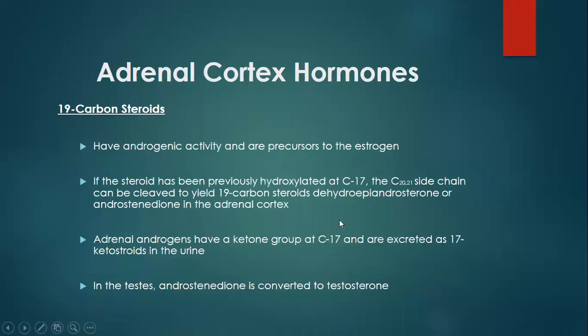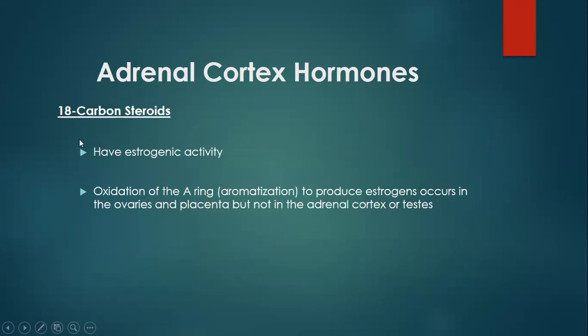Now, the adrenal androgens have a ketone group at C17 and are excreted as 17-ketosteroids in the urine, and in the testes, androstenedione is converted to testosterone. Then we have the 18 carbon steroids, which include those hormones with estrogenic activity. Now, oxidation of the A ring.